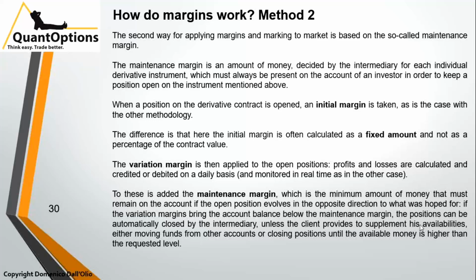To this is added the maintenance margin, which is the minimum amount of money that must remain on the account if the position evolves in the opposite direction to what was hoped for. If the variation margins bring the account balance below the maintenance margin, the positions can be automatically closed by the intermediary, unless the client provides to supplement his availabilities, either moving funds from other accounts or closing positions until the available money is higher than the requested level.